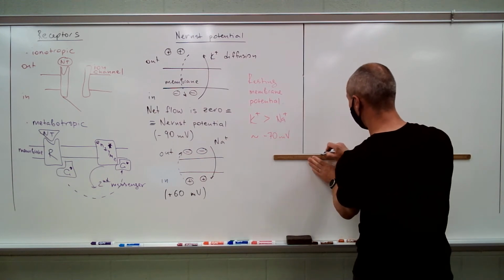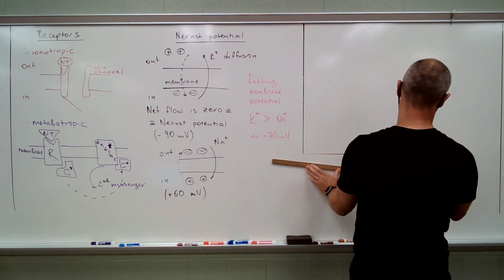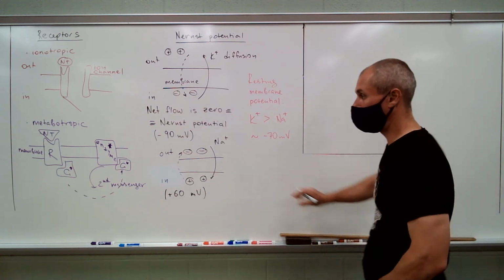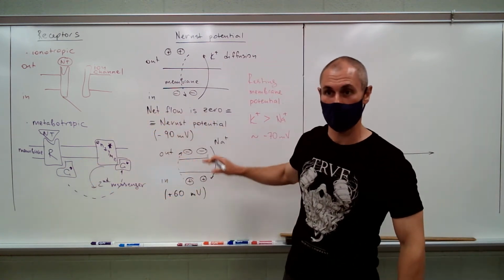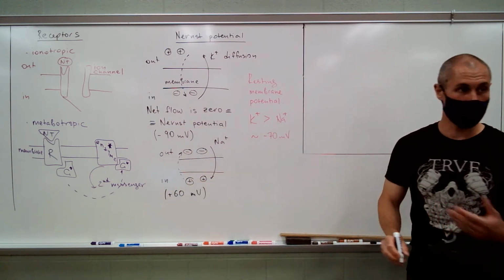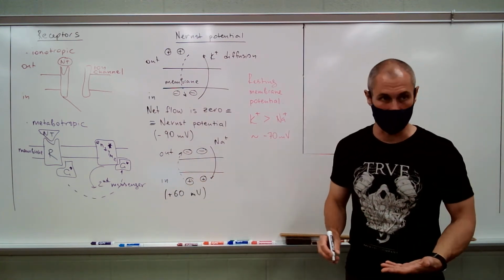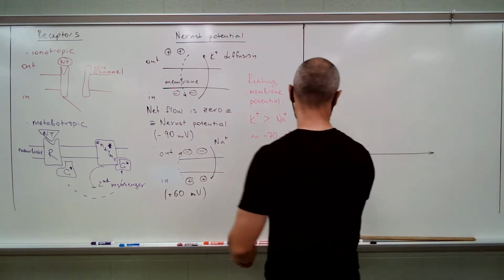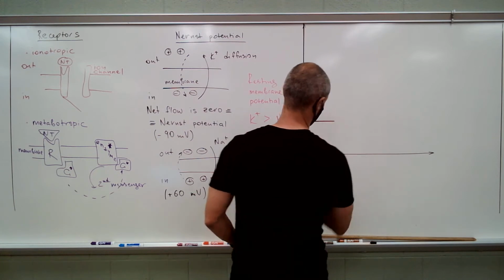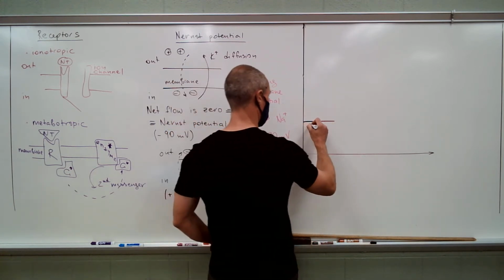Remember the picture of the postsynaptic neuron that I had here? One of the previous ones. That postsynaptic neuron, just like any other cell in the human body, has a resting membrane potential. This is RMP, resting membrane potential.